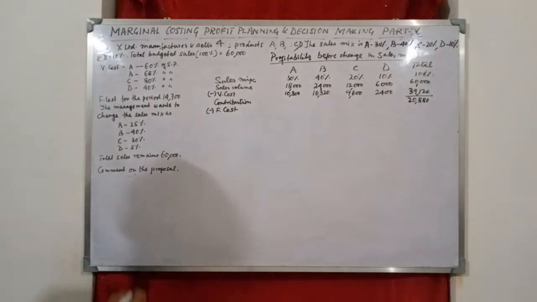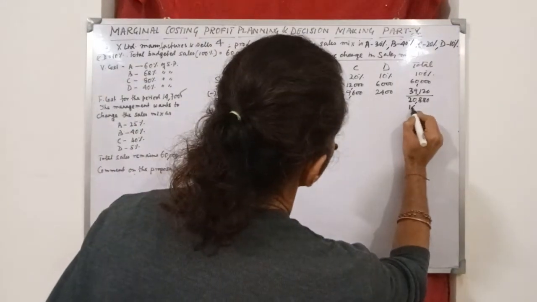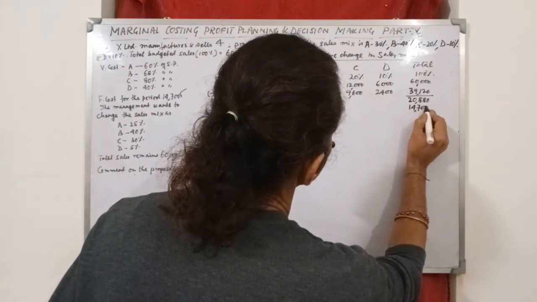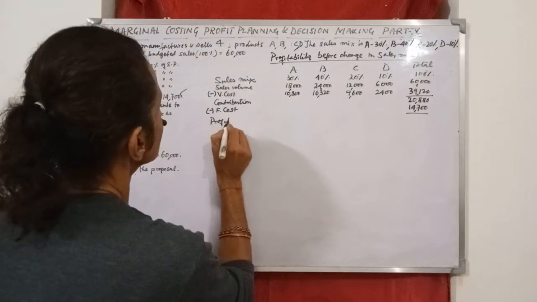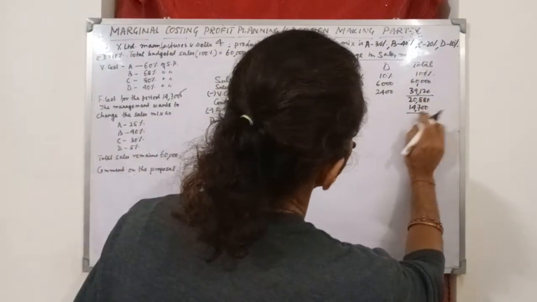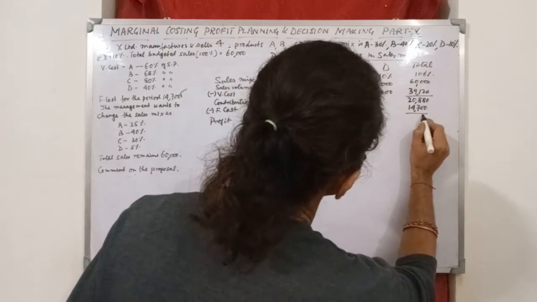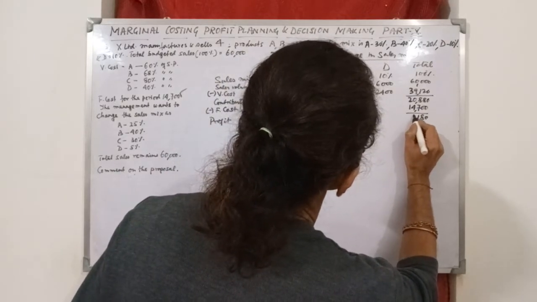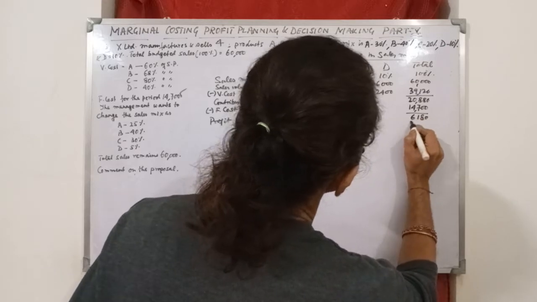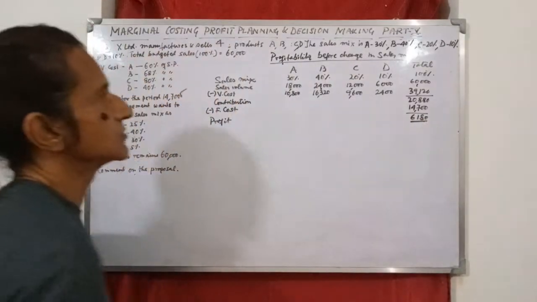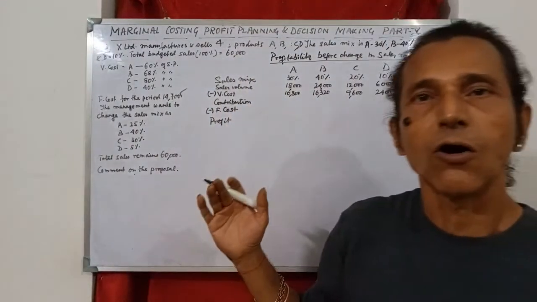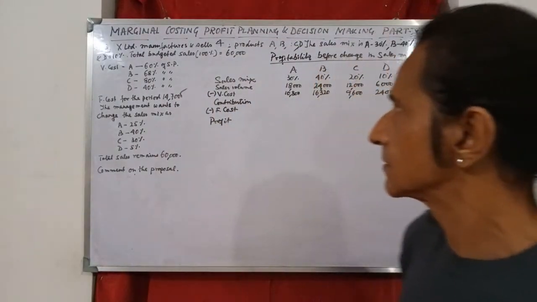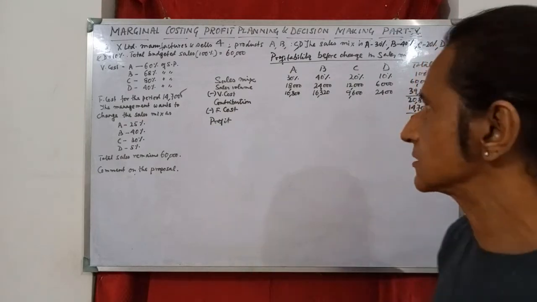And what is the fixed cost? 14,700. So profit is 20,880 minus 14,700, that is 6,180. So 6,180 is the profit figure with the original budget figures, that is before implementing the changes.